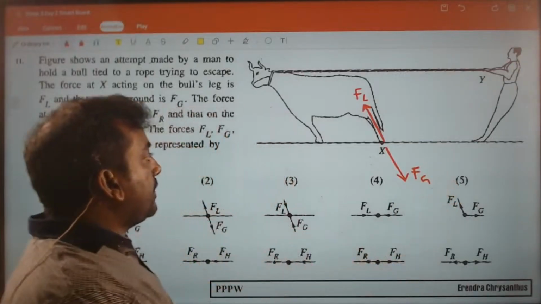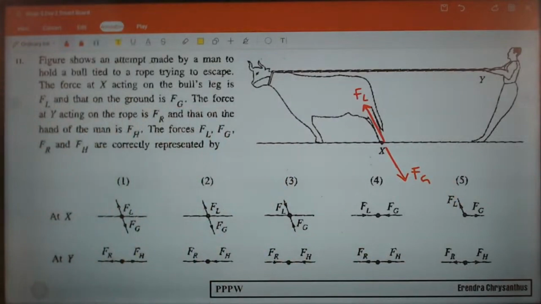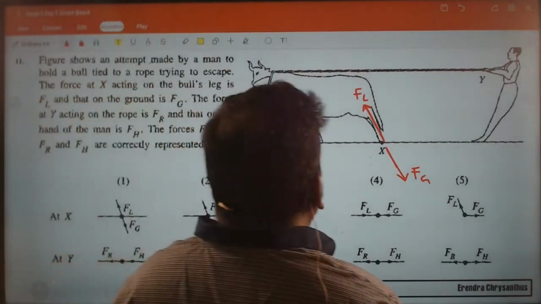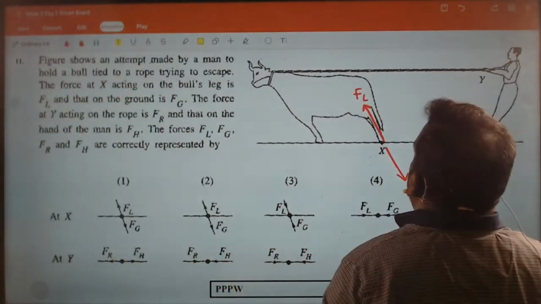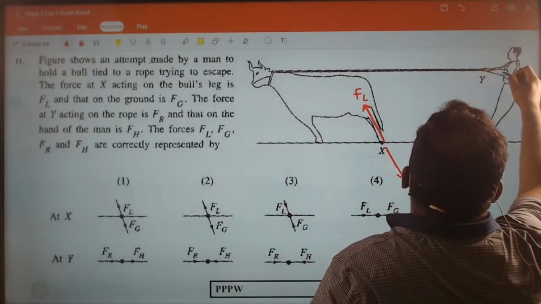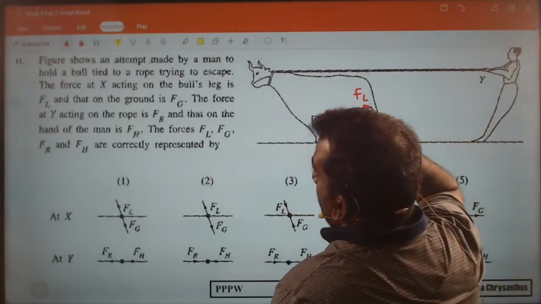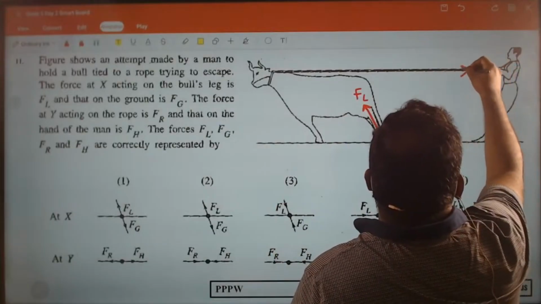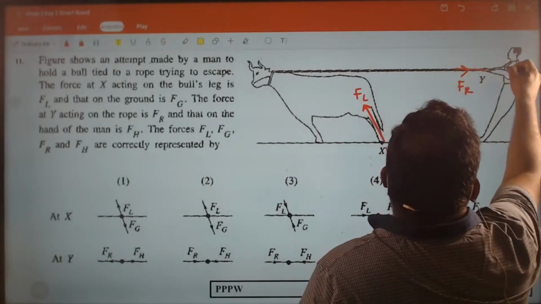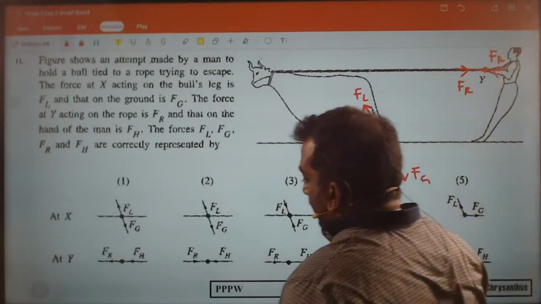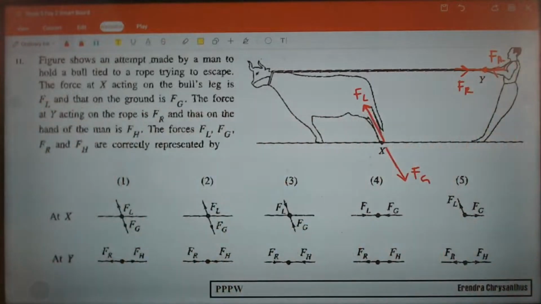The force at Y acting on the rope is Fr and on the hand is Fh. So the man is pulling the rope backward, and the rope is pulling the man forward. So on the rope, Fr, and on the hand, Fh.